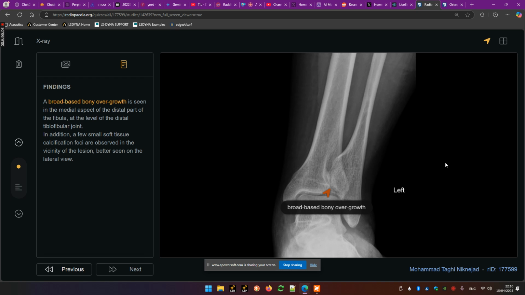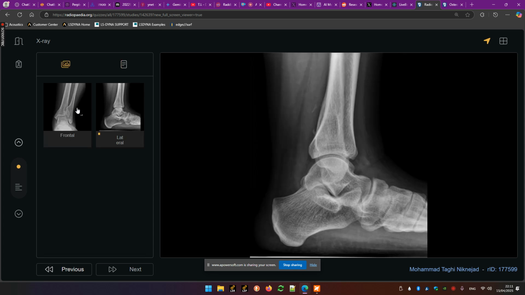Quite hard to see that it grows away from the adjacent joint. No, I don't remember correctly. Okay, not a very easy case. I must say, not a very easy case.